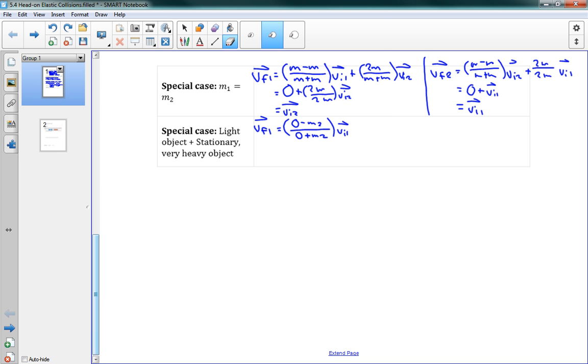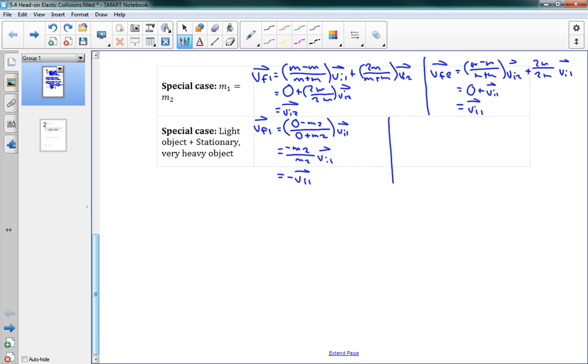So vi2 is 0. So that's our whole equation there. You'll see that gives us, well, negative m2 over m2 times vi1. And so that just gives us that vf1 is equal to the negative vi1. So vi just keeps its same speed but changes directions.